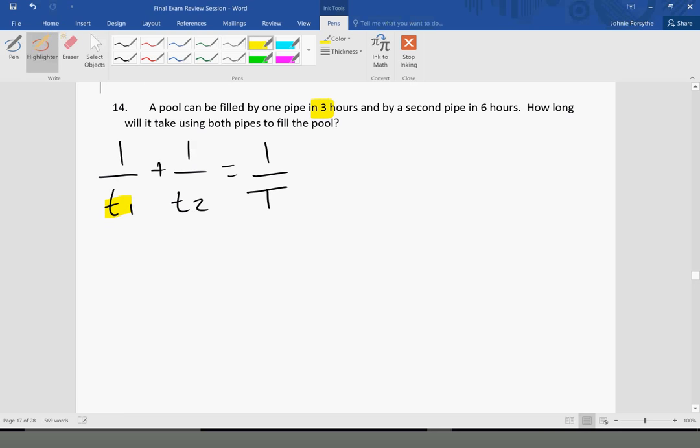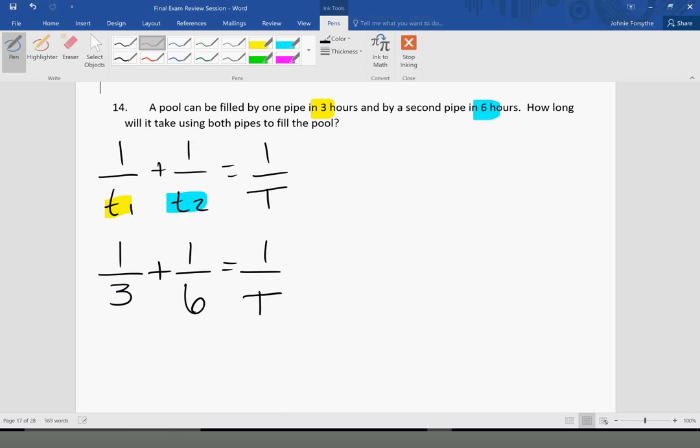So T1 will be the first time, T2 will be the second time, and we're going to solve for T. So we're going to say 1 over 3 plus 1 over 6 equals 1 over T.